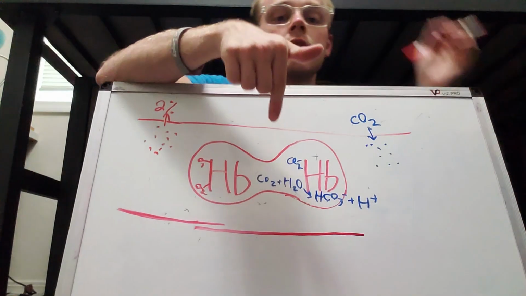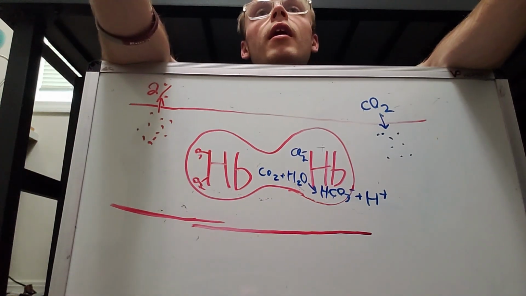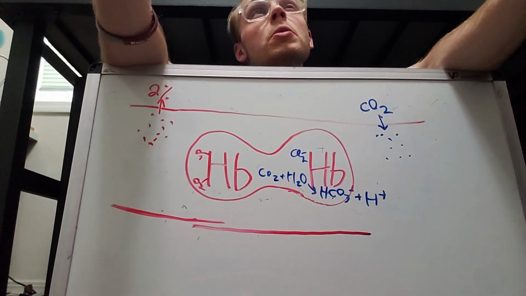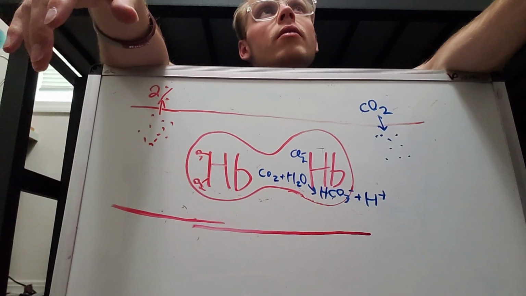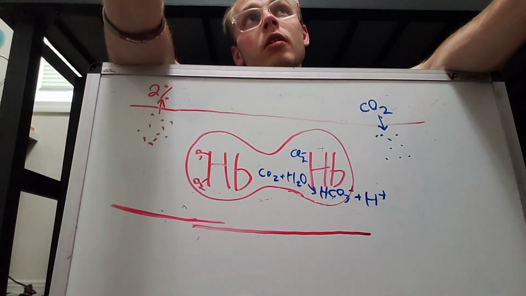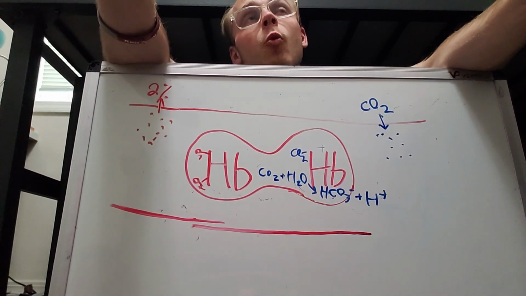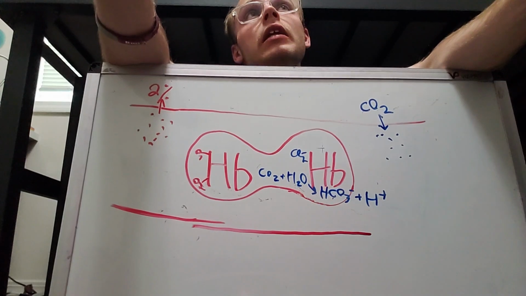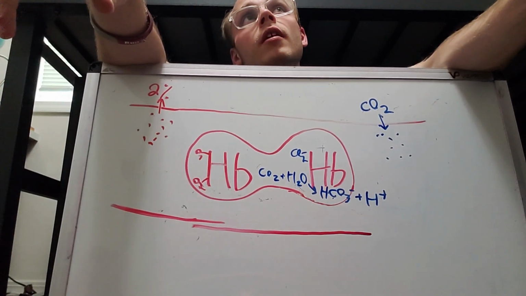Each red blood cell has about 1.2-ish million hemoglobin, and each hemoglobin can bind to 4 oxygen. So one red blood cell carries like 4 to 5 million oxygen molecules.